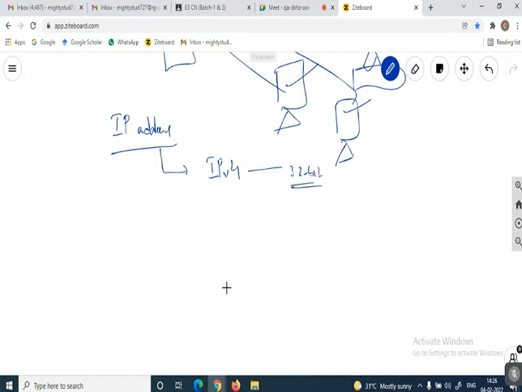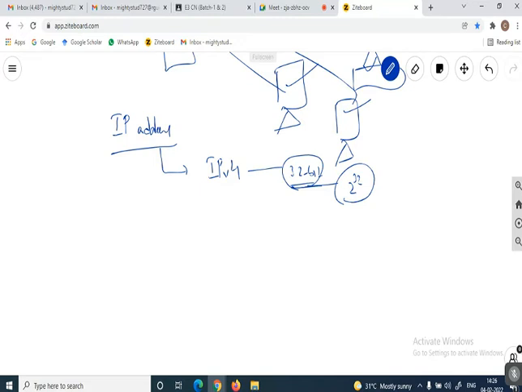As we are using a 32-bit length for one IP address, 2 power 32 address spaces are possible. As we have a 32-bit representation for one address, the maximum number of IP addresses we can represent is 2 power 32.